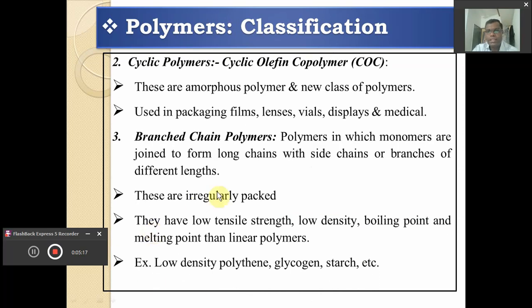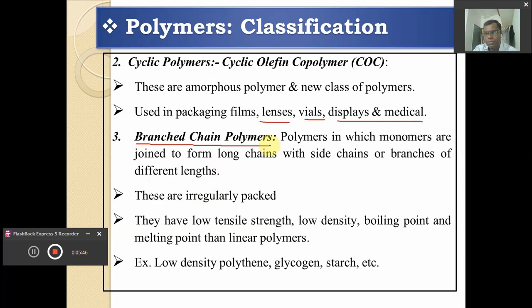These cyclic polymers are amorphous and a new class of polymer. These are generally used in packaging films, lenses, vials, displays, and medical applications. So this is nothing but the use. In short, these are amorphous polymers and a new class of polymers, generally used in packaging different things.